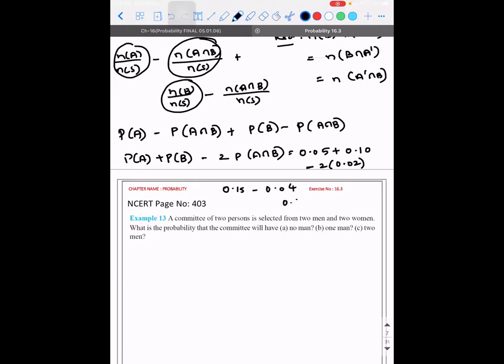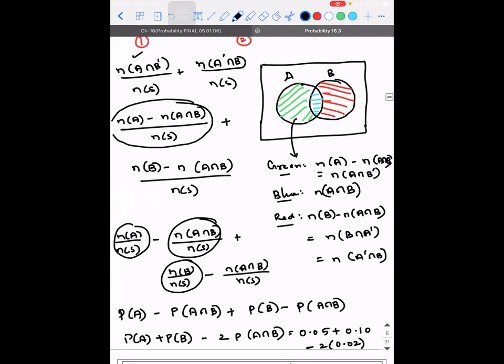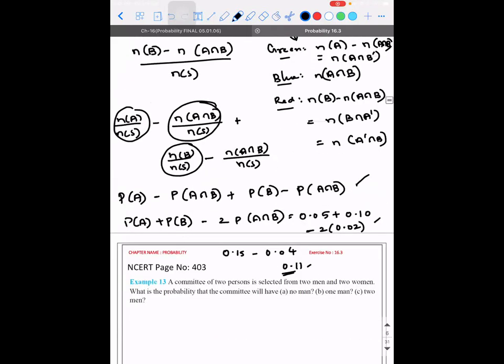How much is it? 0.11. Is this the answer? Okay, next time onwards, you need not sit and write this whole story. I explained it only for your understanding. You can actually start writing from here. Right? I hope the answers are matching.